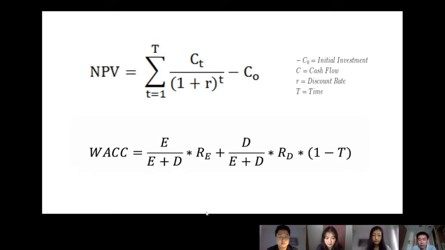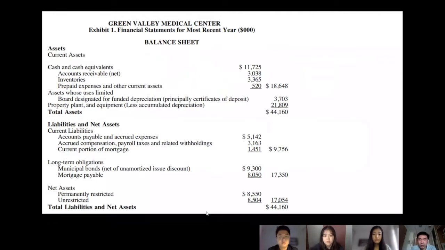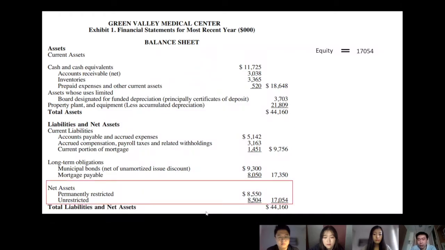In the case, we know that it's a non-profit hospital, so the tax rate is 0. From the balance sheet, we know that equity is net assets, equal to $17,054.